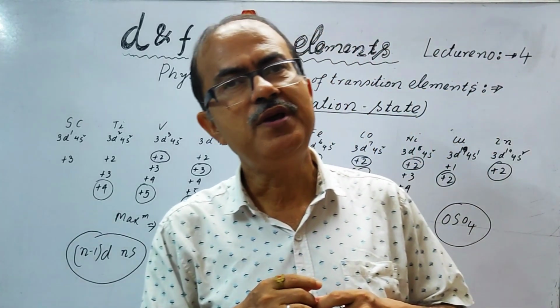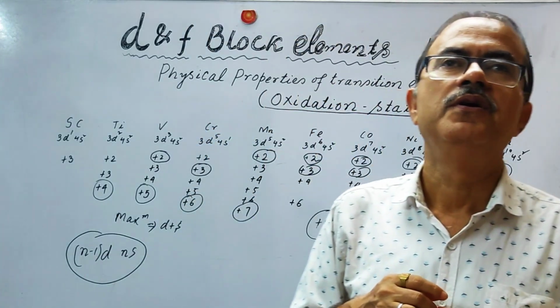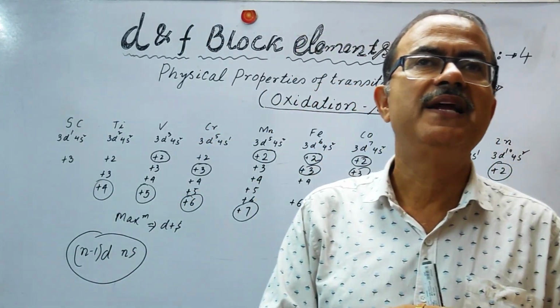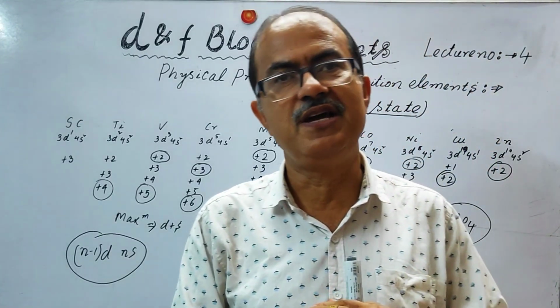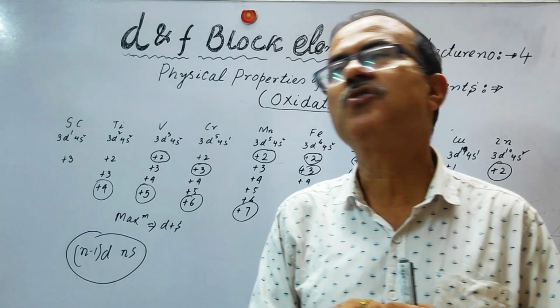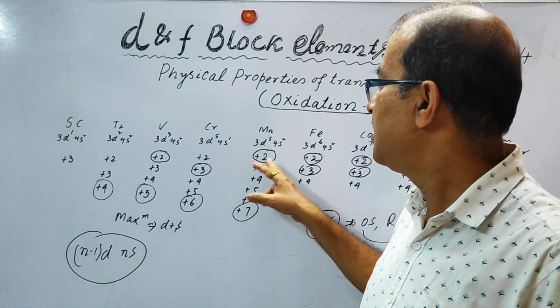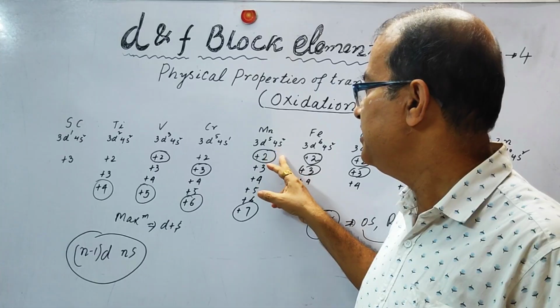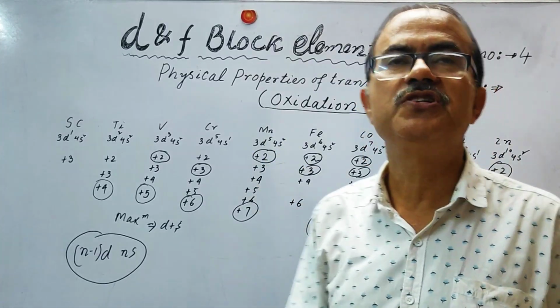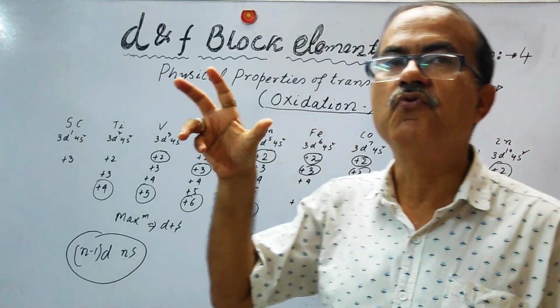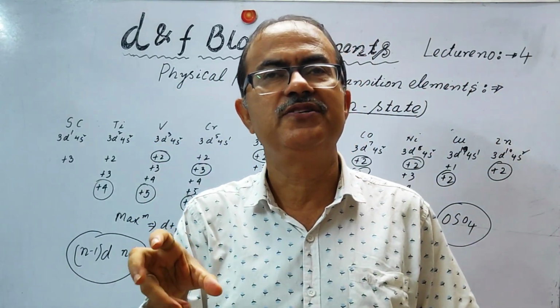Okay, so now we will see this in different compounds, that is, in the halides and the oxides. Basically, the maximum oxidation state, for manganese, Mn, we can observe in the case of fluoride or oxide.